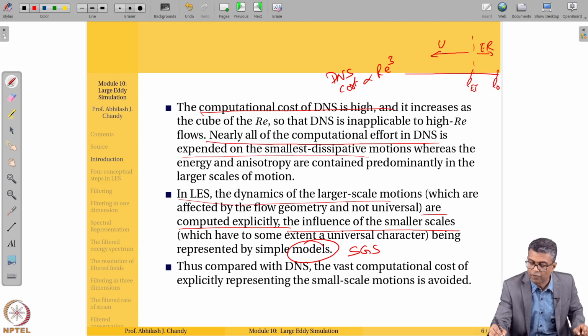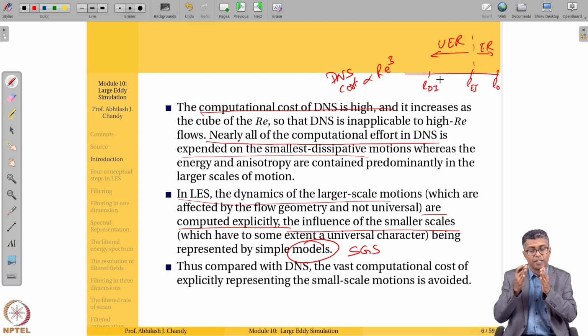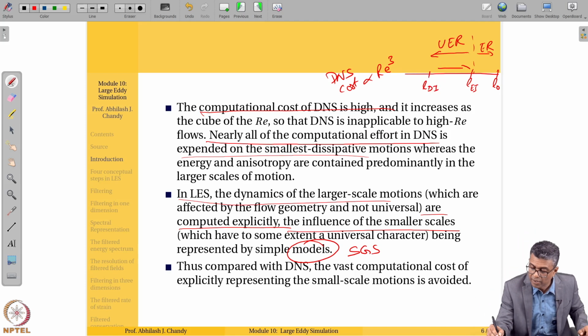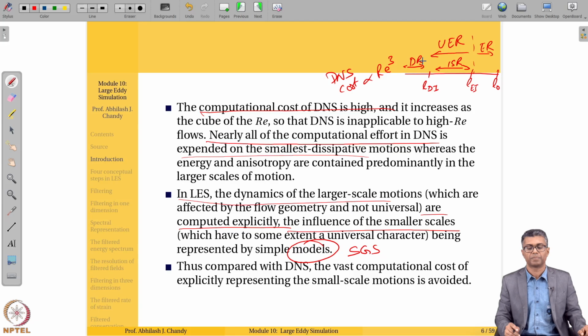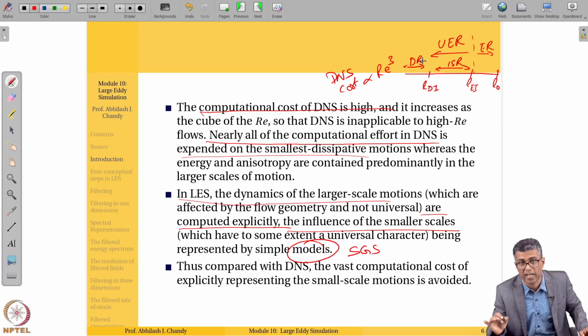And this is the universal equilibrium range, UER as we used to call it. LDI would be the demarcation length scale between the dissipation range and the inertial subrange. So this right here is the inertial subrange, ISR, and this right here is the dissipation range, DR. Remember this? So what you're doing is your length scales, the resolved in LES, are all here in this range.